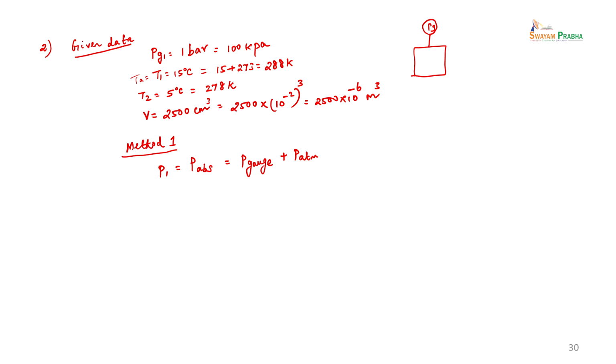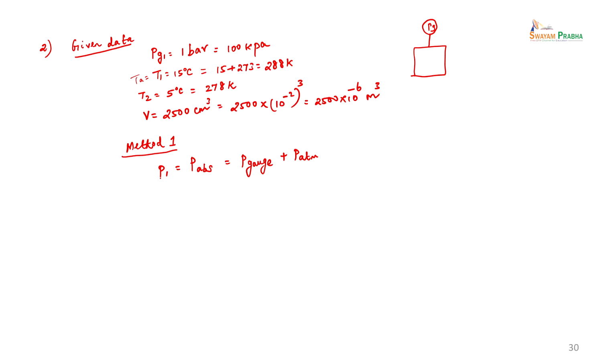When we write given data in the form of pressure like P1, T1, P1 is absolute pressure, it is not gauge pressure. If it is gauge pressure, we will use the letter g, Pg1. So, P1 is equal to Pg1 plus P atm.